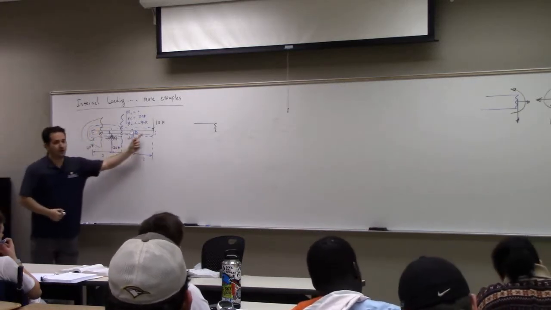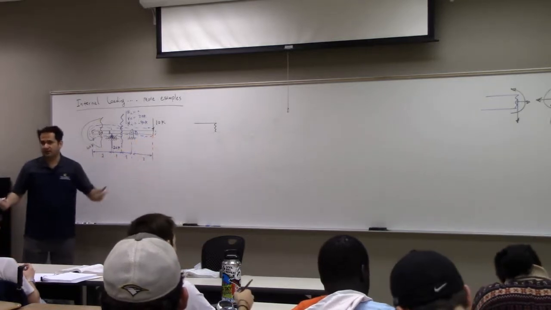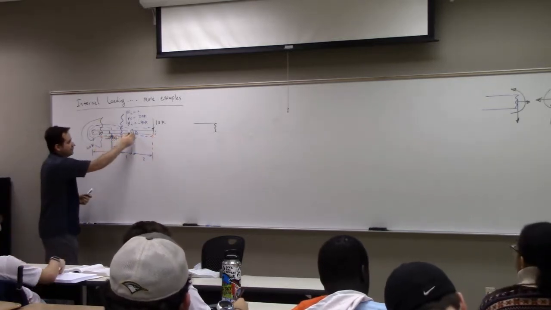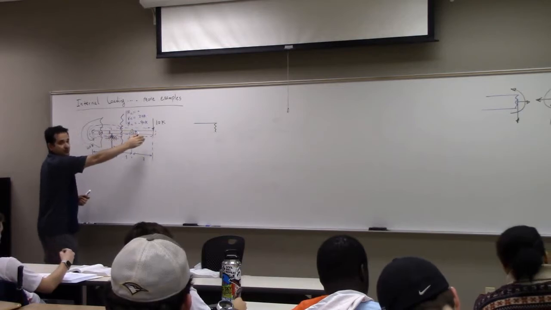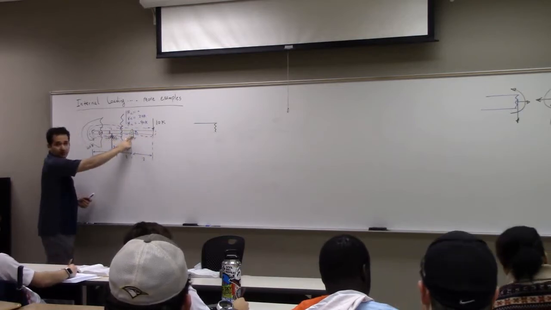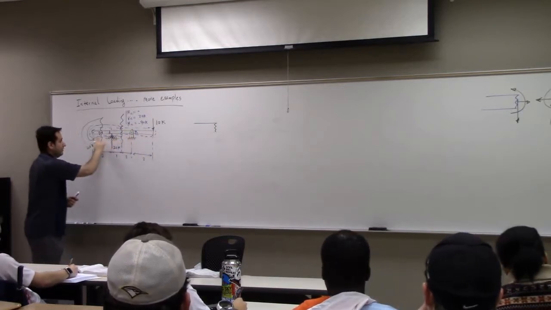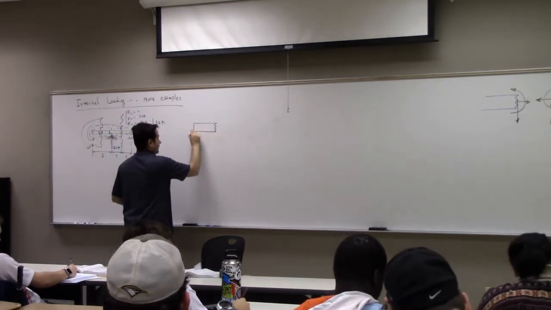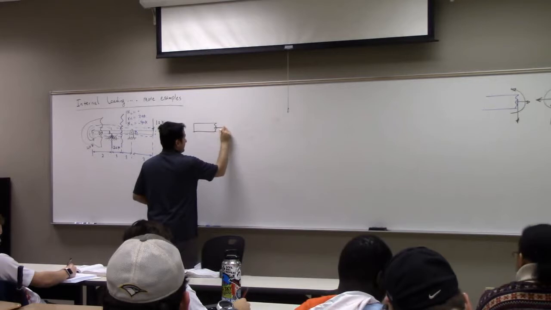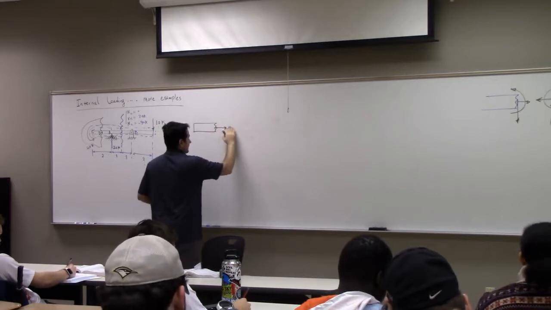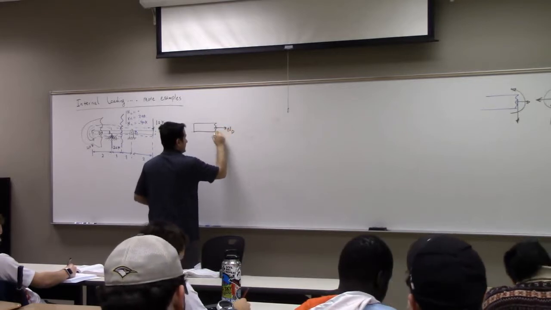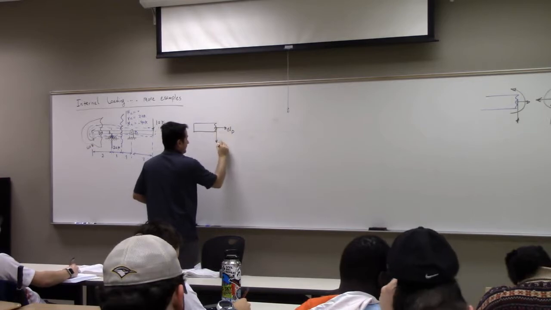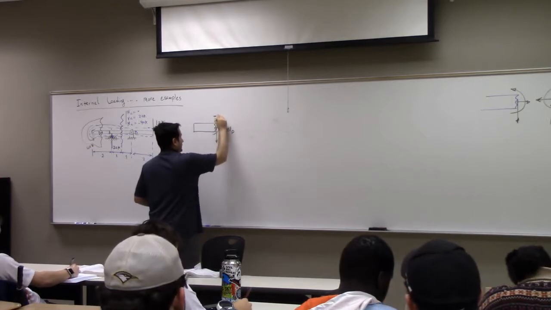If you take the one on the right, yes, it's exactly the same, but you have to include all this sort of loading, and some of them are unknown, Bx, By. So I just take the one on the left. So that's my Nd, normal force at D, Vd, and Md.